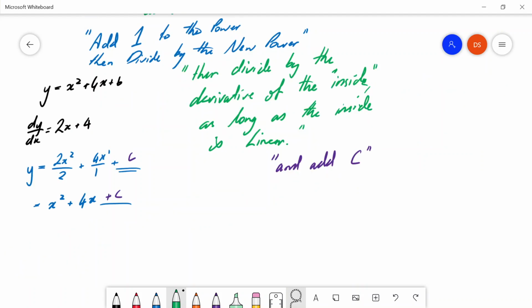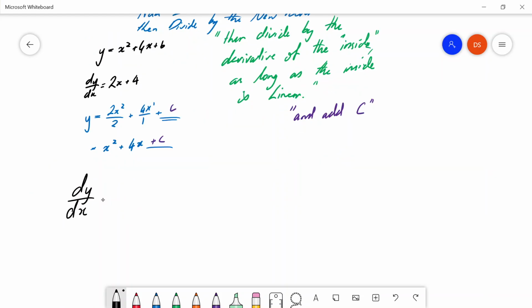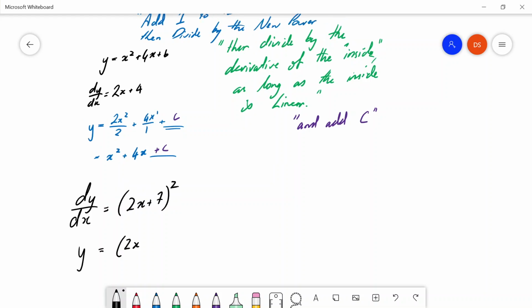That seems like a lot, but let's have a go. Let's consider this question: dy by dx is equal to 2x plus 7. To integrate, we add 1 to the power, divide by the new power, and then divide by the derivative of the inside, which is the same as multiplying on the denominator.